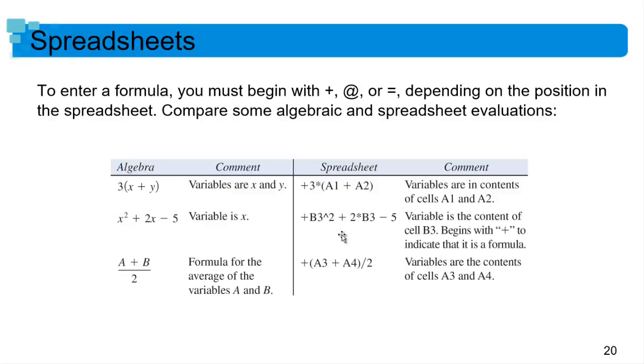And these are just some examples of how you can take a math equation and rewrite it as a spreadsheet equation, right? This is B3 raised to the power of 2. That's your x squared. So now obviously B3 is your x. Then over here you have 2 times B3. So that's 2 times x and then minus 5. And then when you have two things divided by 2, you've got to put parentheses around it, right? A3 plus A4 divided by 2.